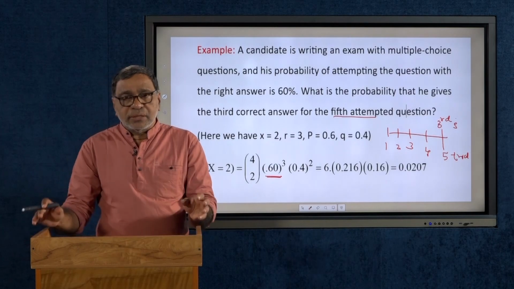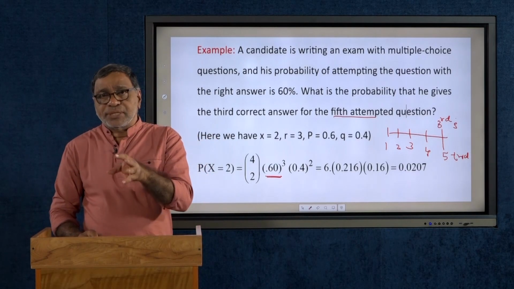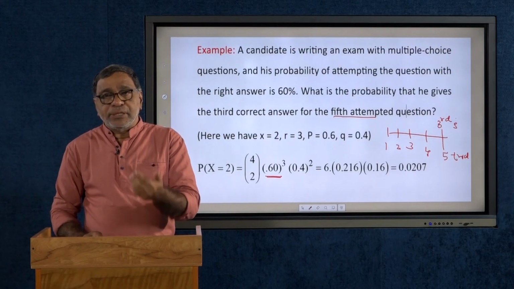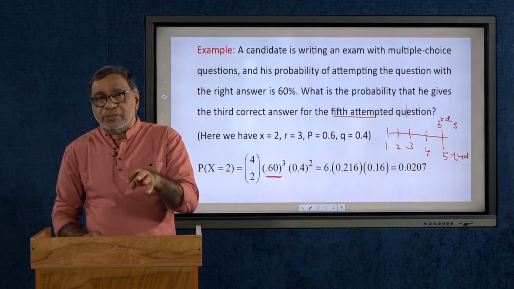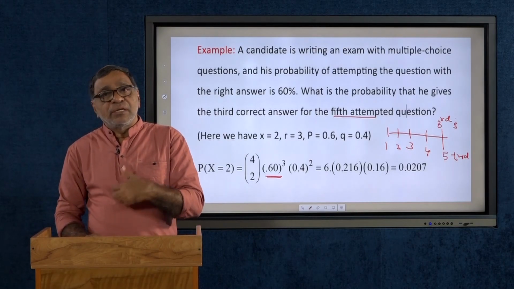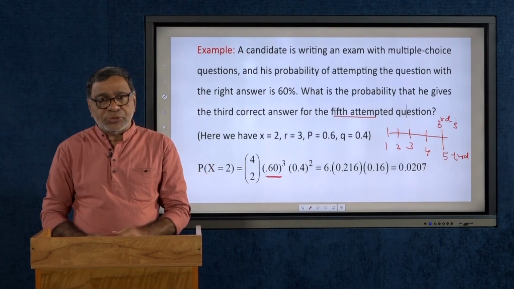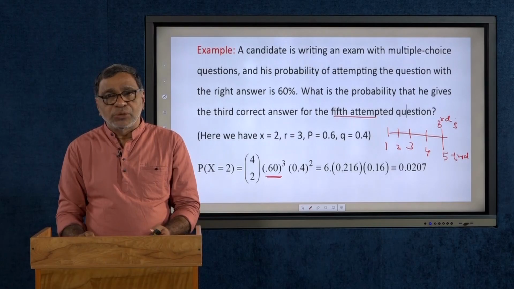So this is an example, that is, we fixed the number of successes, and our question is, what is the probability that he gives the fixed number of correct answers, that is the third correct answer, in say the 5th attempted question or 10th attempted question. If that is the situation, we find the probability values like this.